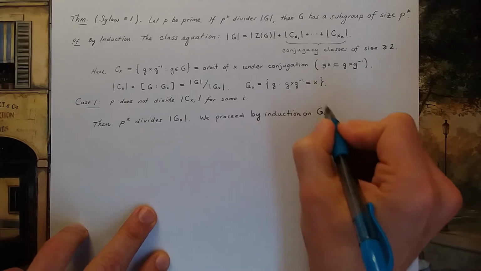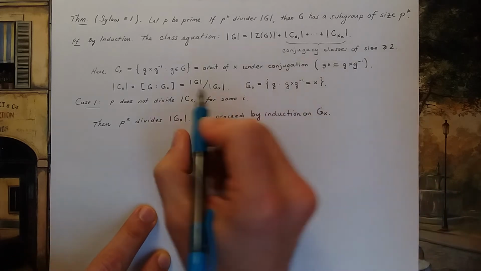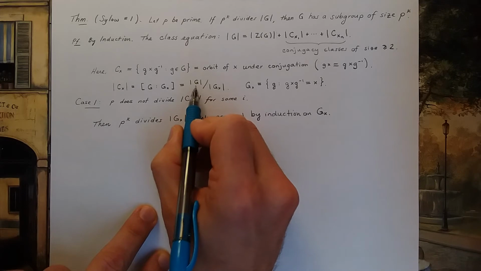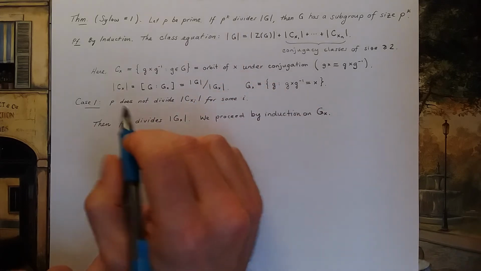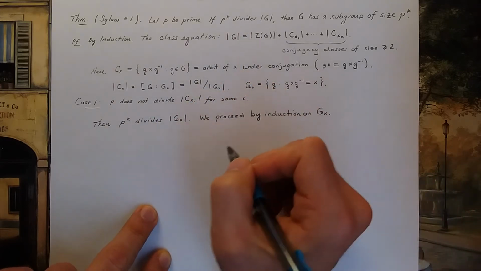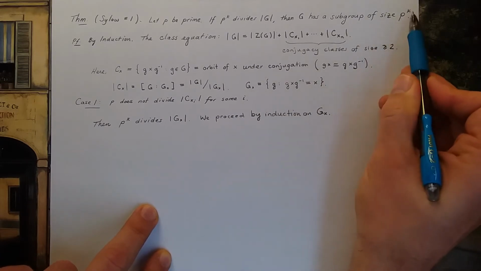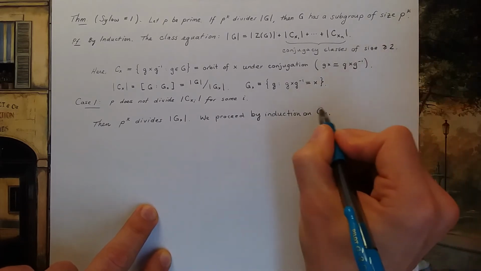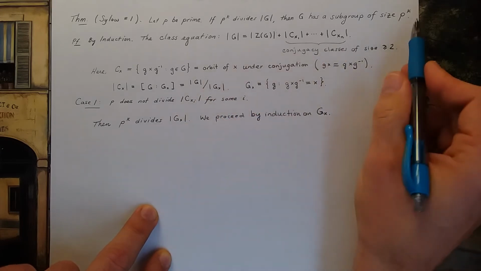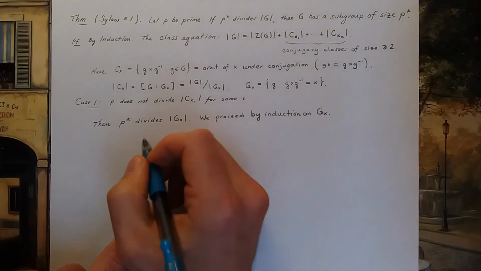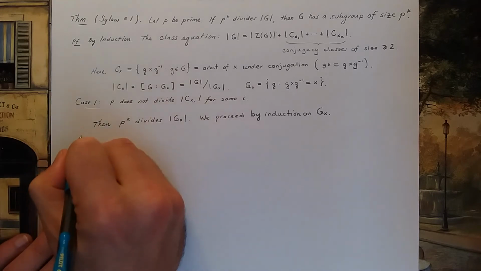The stabilizer subgroup is a smaller group than G itself, so I can apply induction and we're done with the proof. G_x will have a subgroup of size p to the k, and since G_x is a subgroup of G, G will have a subgroup of size p to the k. Okay, so that's case 1.